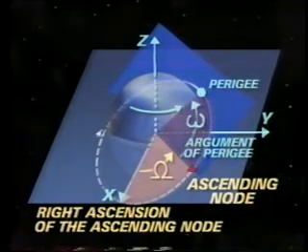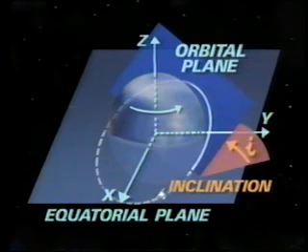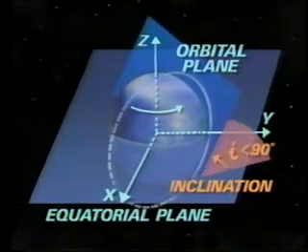The argument of perigee is the angle between the ascending node and the point of perigee. It is measured in the orbital plane in the direction of spacecraft motion. Inclination is the angle between the equatorial plane and the orbital plane. A satellite which has an eastward velocity component at the ascending node has an orbital inclination lying between 0 and 90 degrees.